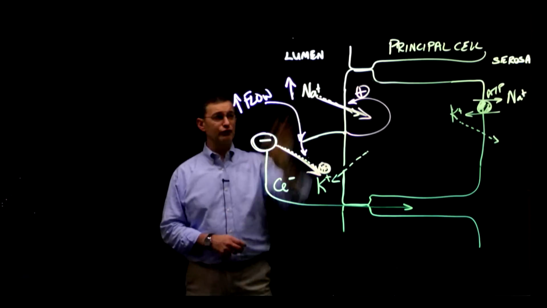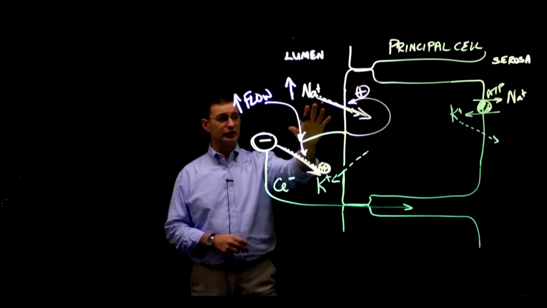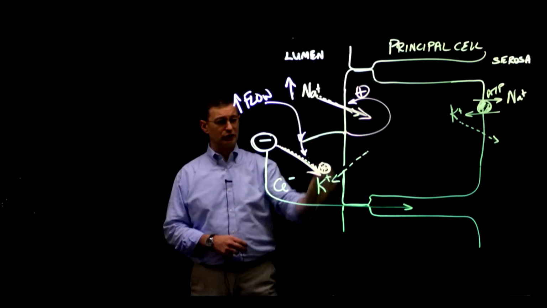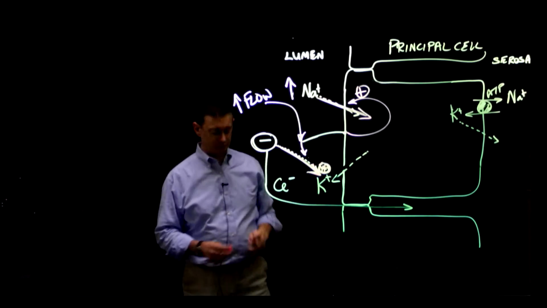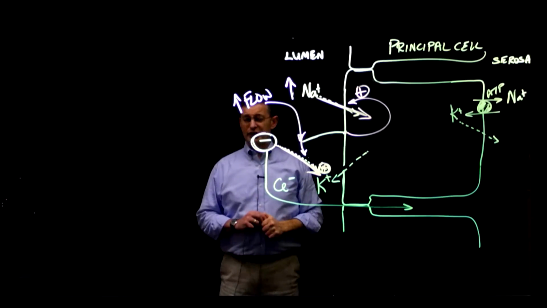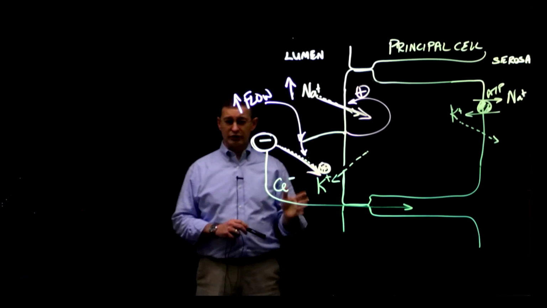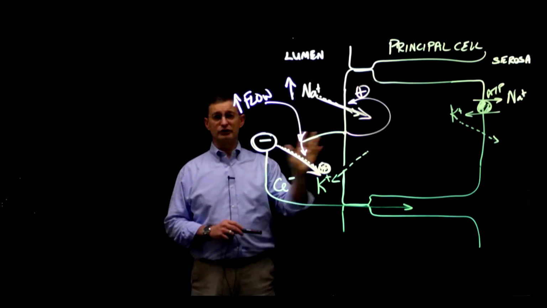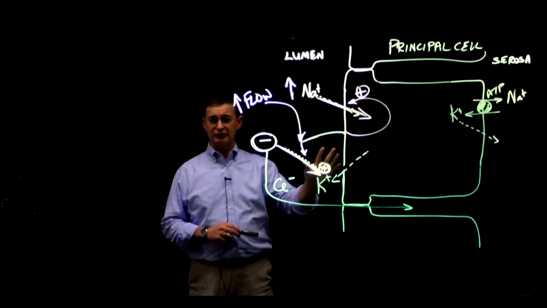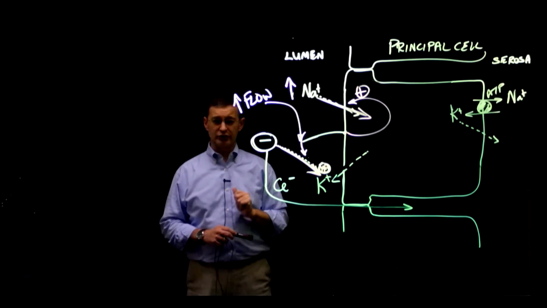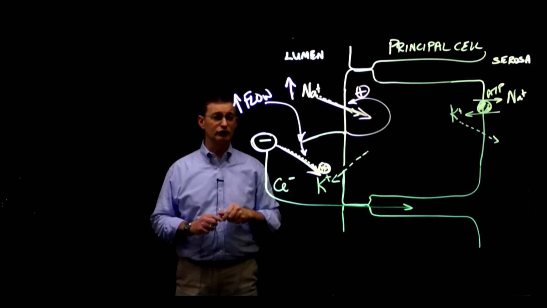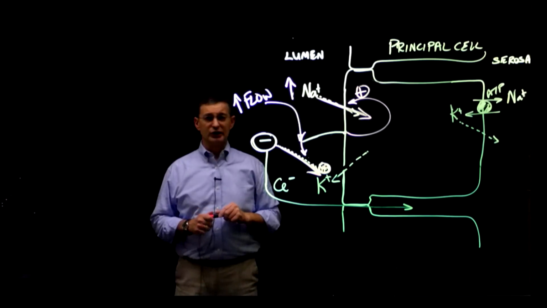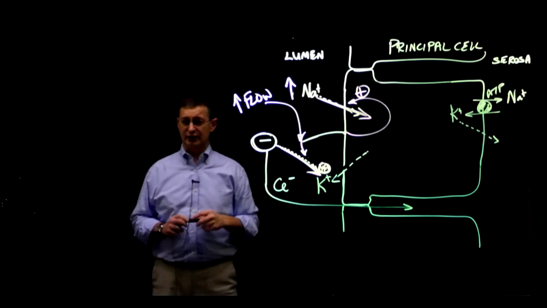And so the more flow and the more sodium I present to the principal cell, the more potassium I will secrete. That's going to be the case with any diuretic acting proximal to the collecting duct. So osmotic diuretics, acetazolamide, carbonic anhydrase inhibitors, loop diuretics, and distal tubular diuretics like thiazides.